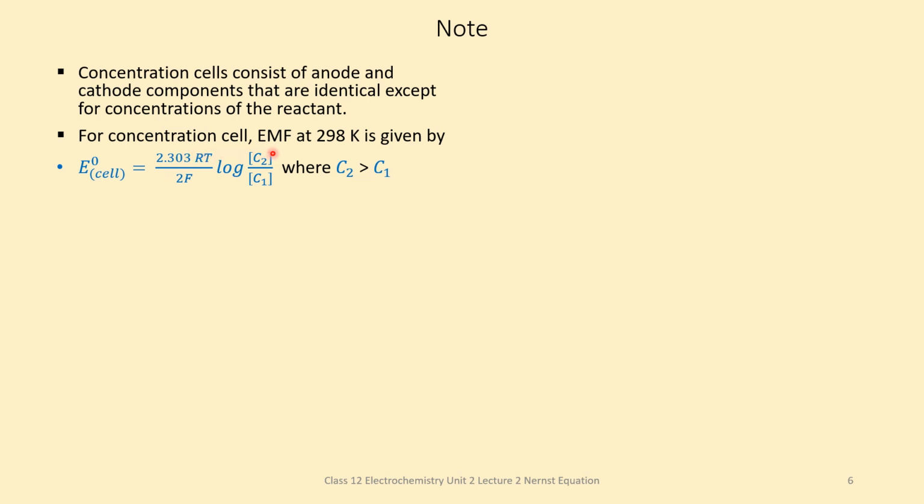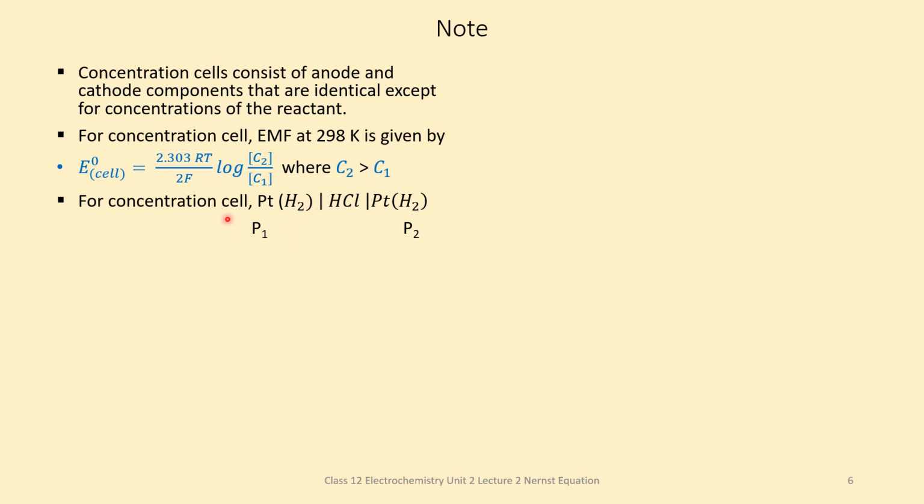For a concentration cell, the EMF at 298 Kelvin is given by the relation E of cell equals 2.303 RT divided by 2F log of C2 over C1, where C2 is the concentration of the product and C1 is the concentration of the reactants. And here the value of C2 is always greater than C1.